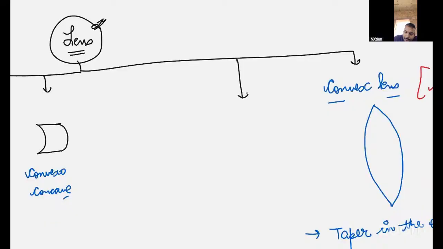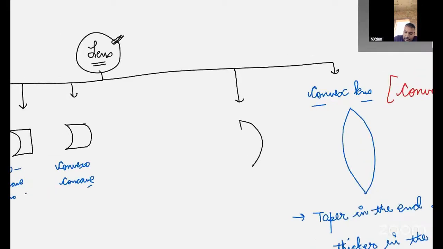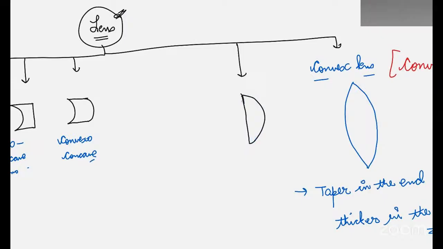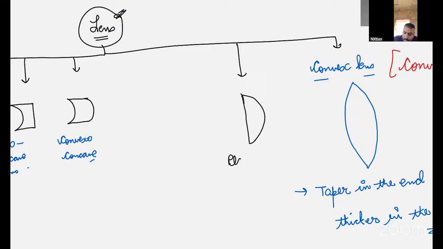One side of this is convex, and another side is plane. So what will be the name of this? Joshua, can you tell me the name? One side is convex, and another side is plane. So what will be the name?